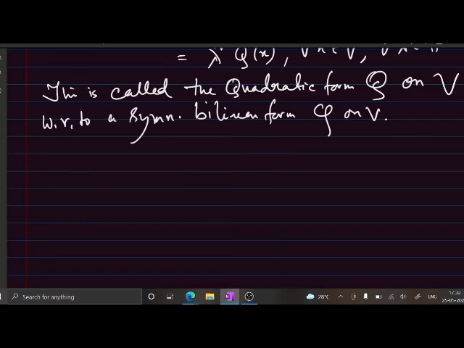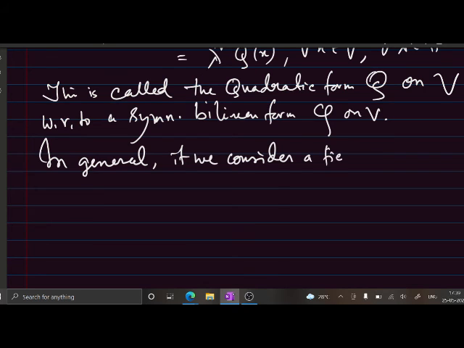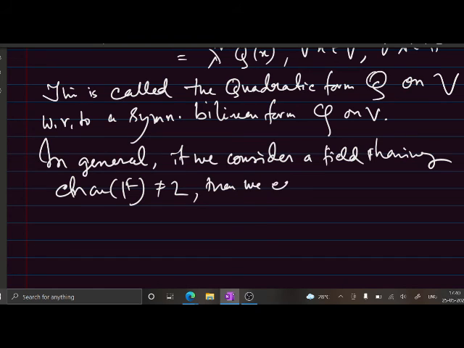So in general, if we consider a field F having characteristic not equal to 2, then we can define the following.